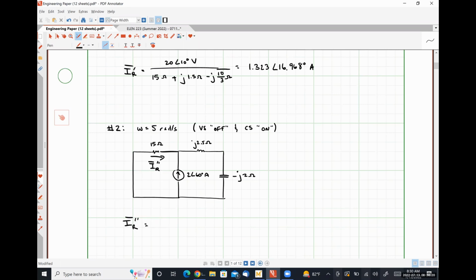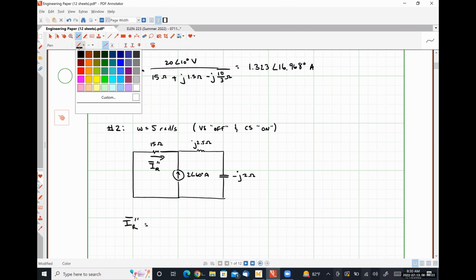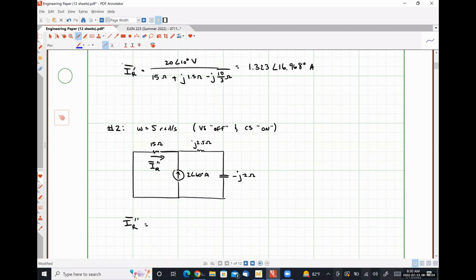One thing I want to point out here: this current is going to flow up and then it's going to split. The current flowing through the resistor would be from right to left, but IR is defined from left to right. So we're going to need to include a negative sign here.